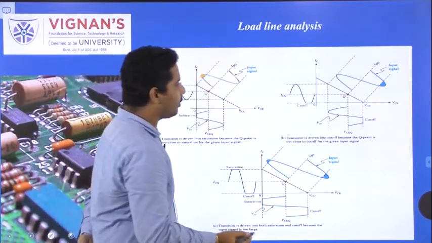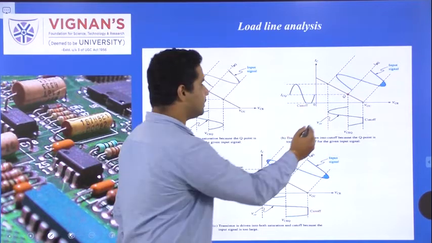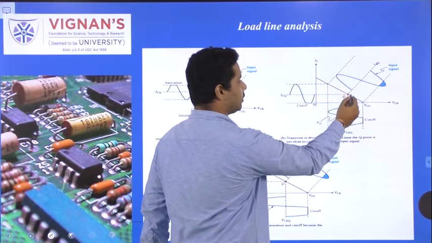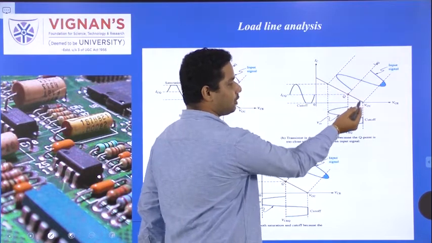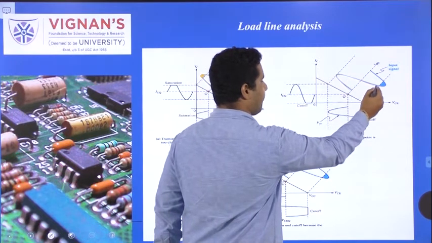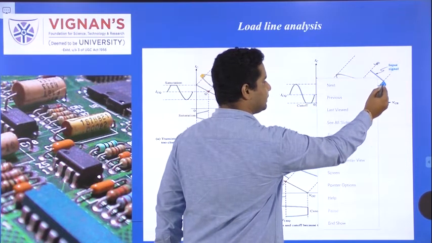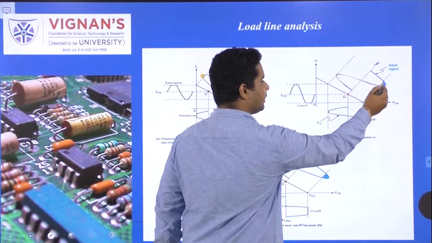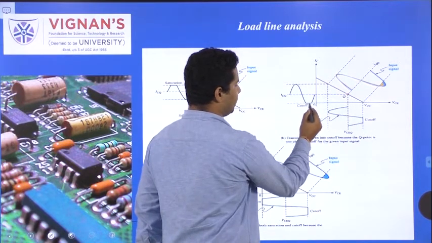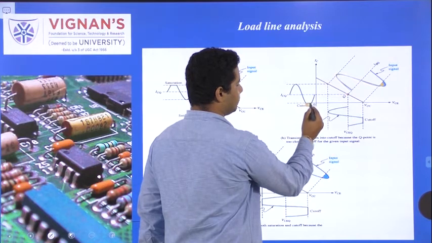Again, a similar problem will come for the reverse condition, that means when the Q point is nearer to the cutoff. In this case, the Q point is nearer to the cutoff region. Same problem. This is your input signal, and you can see that after this, the signal is not in the active region. It is in the cutoff region, and because of that, this portion will be cut off or clipped.